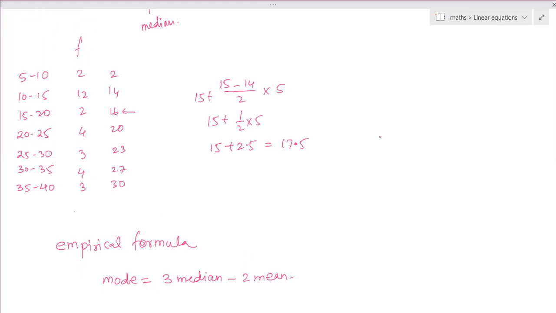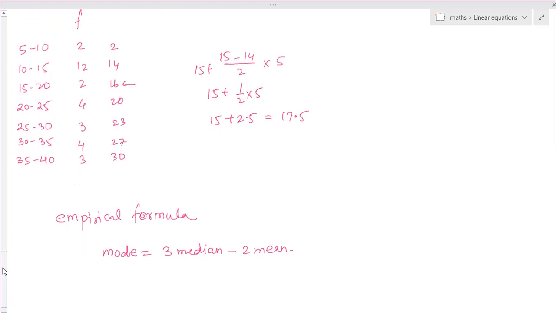Yes, ma'am. I got 16, ma'am. Ma'am, the graph is very small, so it's very difficult to tell. It's around 16, 17, something like that only.